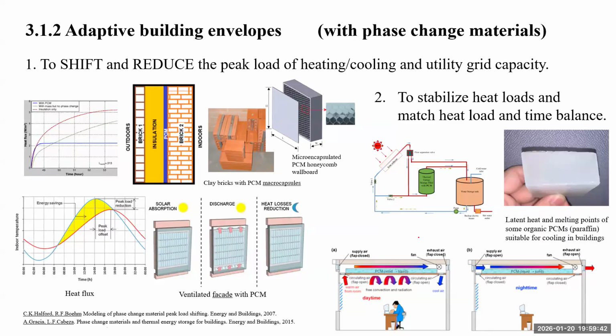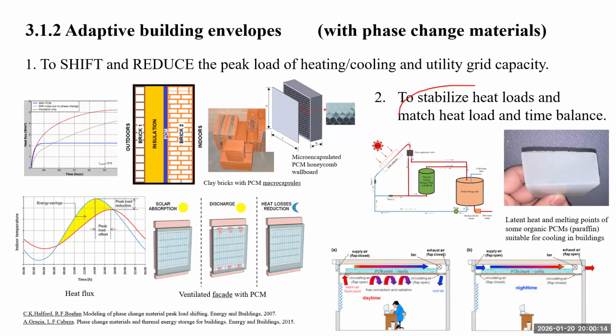Not only thermal insulation material, but also making our building envelope adaptive, including using phase change materials. Do we remember the strategy: source, grid, user, and storage. We can use phase change material to shift and reduce the peak load of heating, cooling, and utility grid capacity.